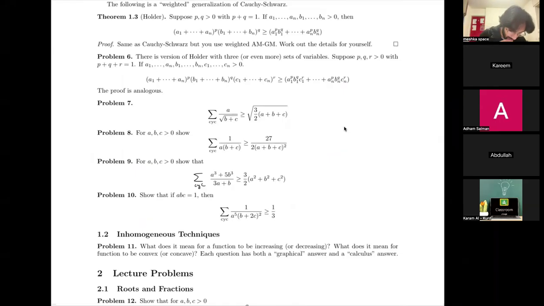Maybe I have some in my notes. I think one way to think of it is, maybe I'll do this example.